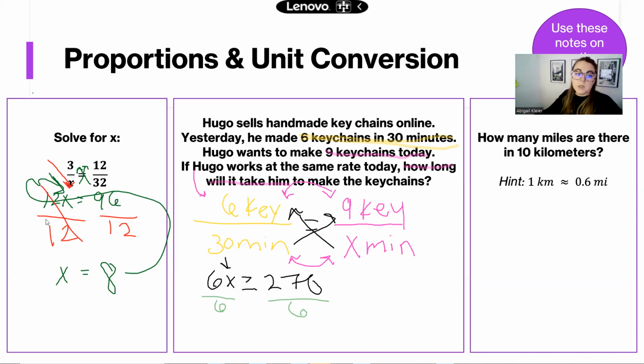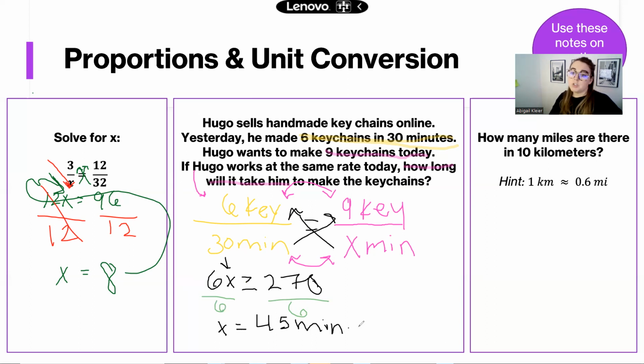This leaves me with x equals 270 divided by 6, which is 45 minutes. So the question asks, how long did it take Hugo to make 9 keychains if it took him 30 minutes to make 6? The answer is it would take him 45 minutes to make 9 keychains. So again, setting up that proportion, cross multiplying, solving for the missing value.